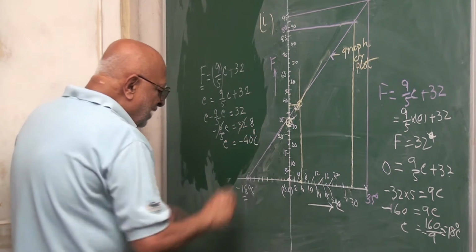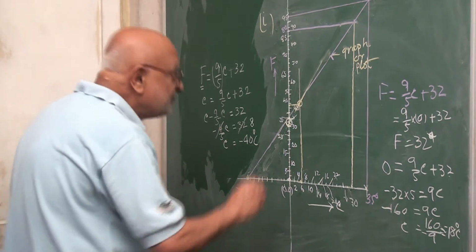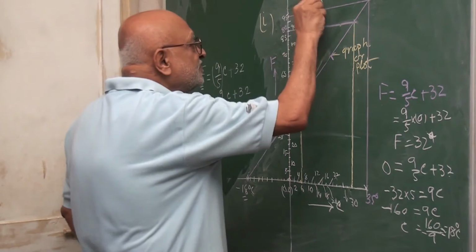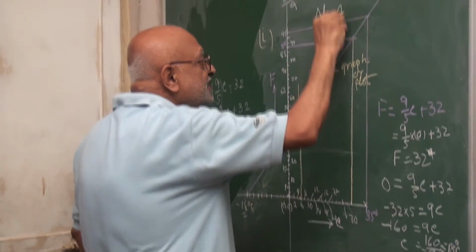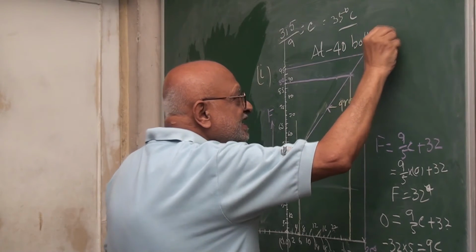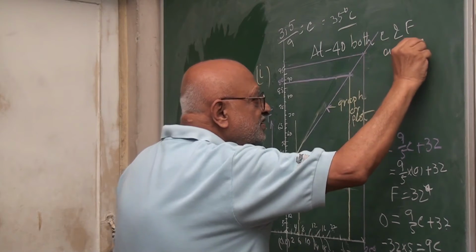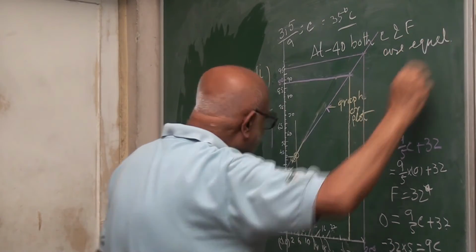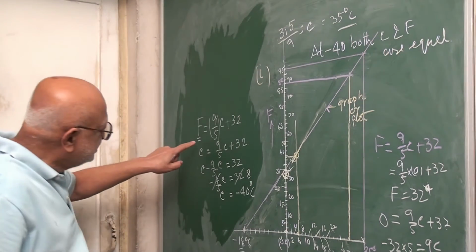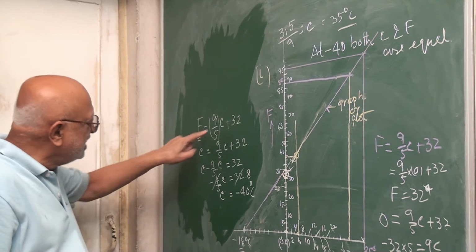So at minus 40, both C and F are equal. I could have done the same thing, instead of putting C here, I can put F here to show what the temperature would be.